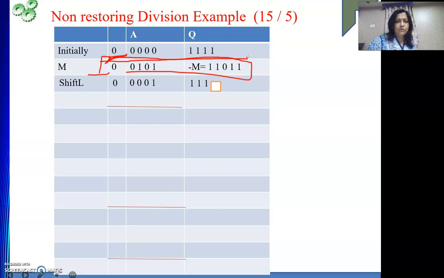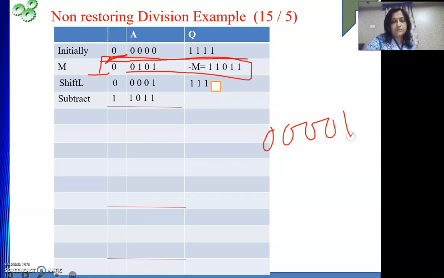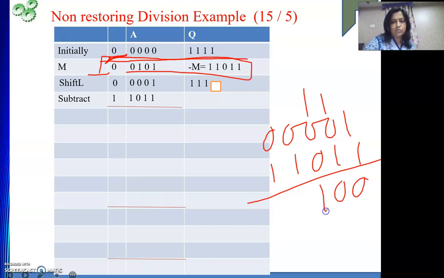Then we do the subtraction. Subtraction means adding the 2's complement of 5. So 1 plus 1 is 0, this is also 0, this is 1, so 1, 1, 1.